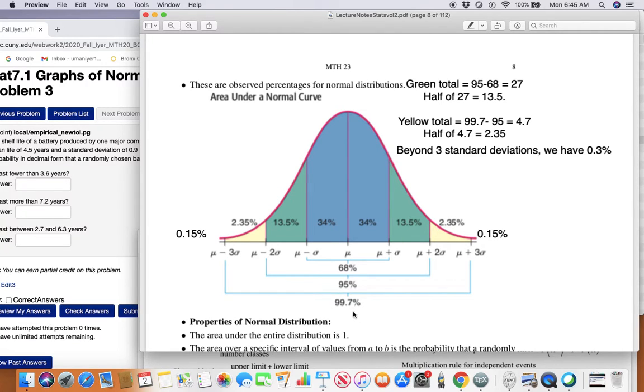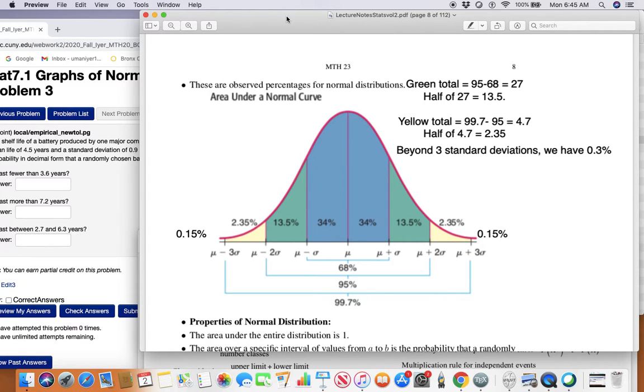In other words, here and here, put together you have 0.3, which makes it all 100. So beyond this entire range you have 0.3, and that has to be split in half: 0.15 to the left, 0.15 to the right.